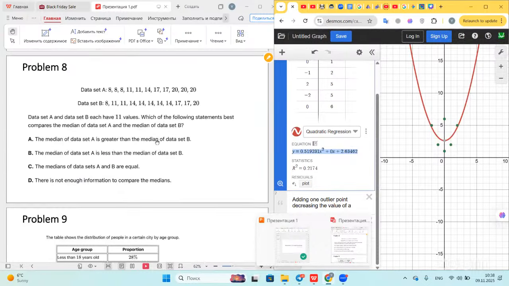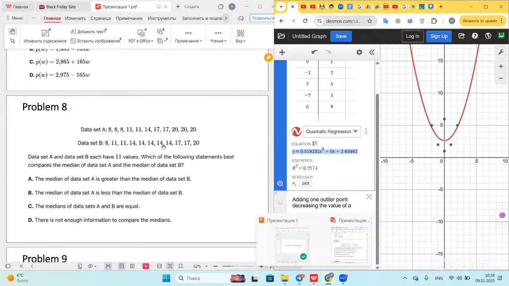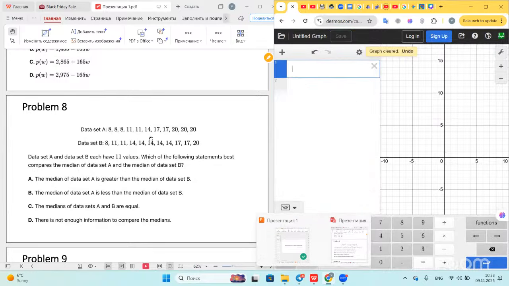So next question is about the median of two datasets. We can use Desmos for this question, entering all of them. But if you are lazy, you can do it by just counting. Three here, two here, central, two, three. You can see this is a symmetric dataset. Here also a symmetric dataset.